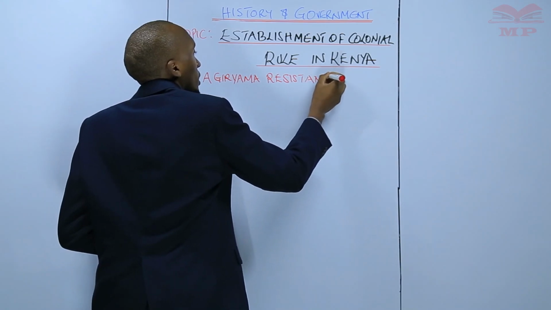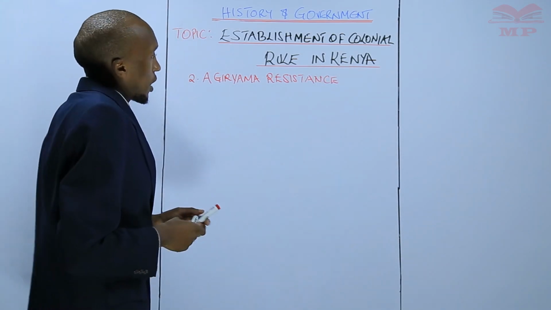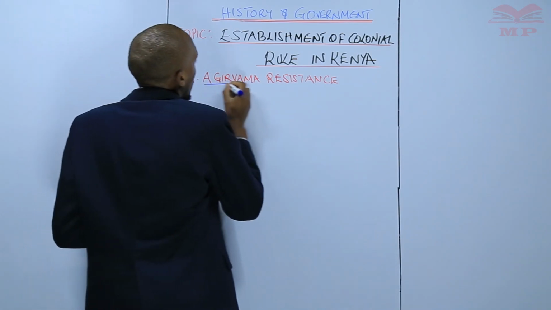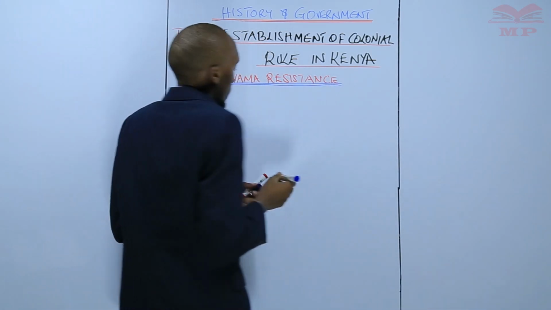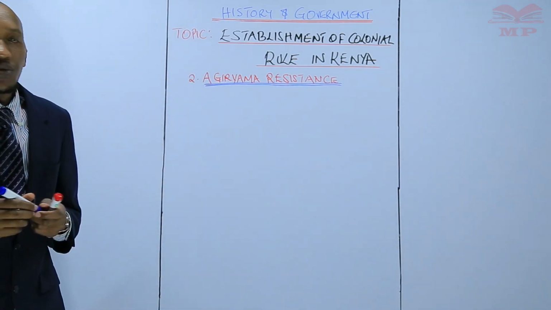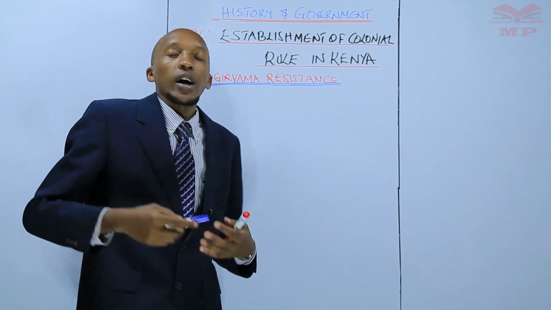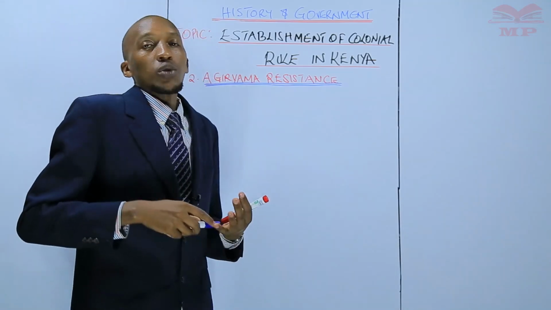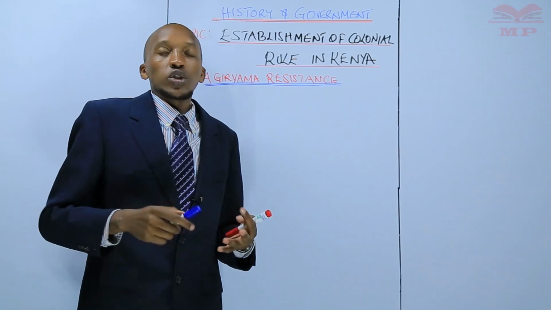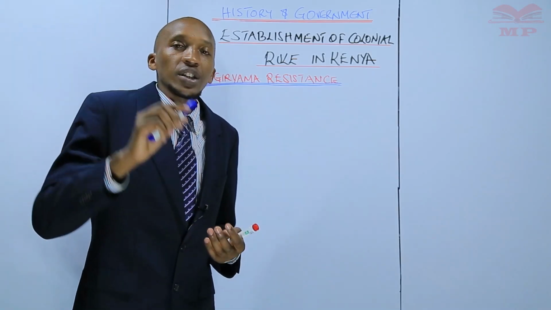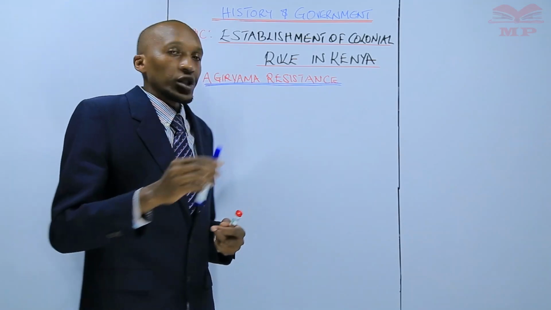That is the second group that we are going to study in our lesson today. We are going to look at the cause of their resistance, how they resisted the British rule, and also learn about the reasons why they resisted the British rule.